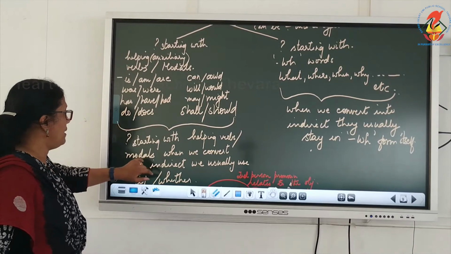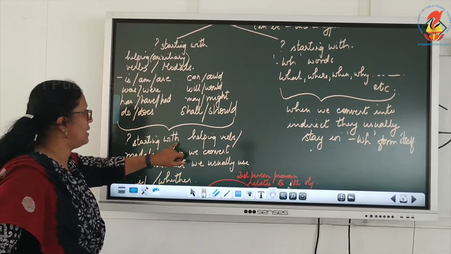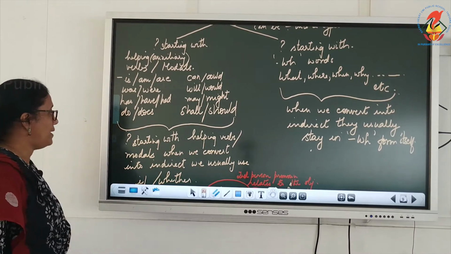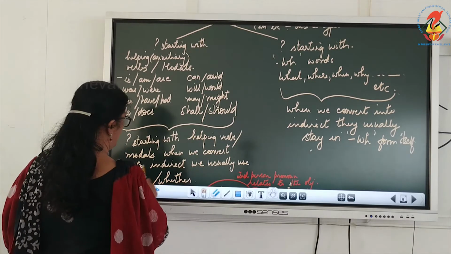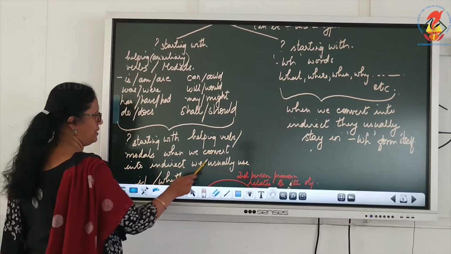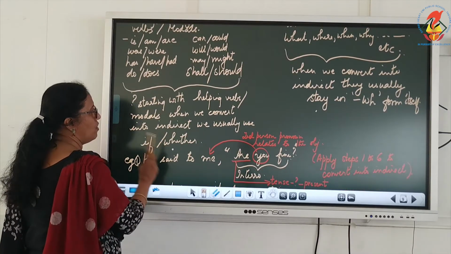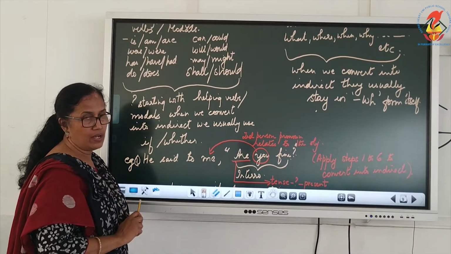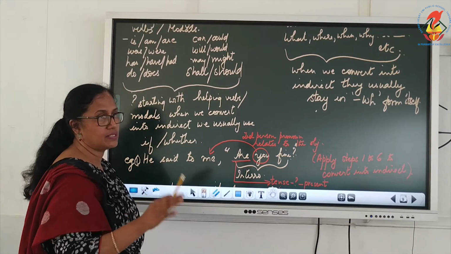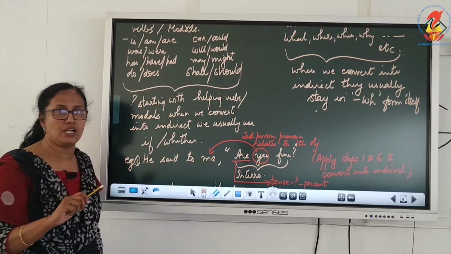Now, if your questions start with the helping verbs or modals, when we convert it into indirect, we usually use if or whether, instead of using the same old that as a conjunction.